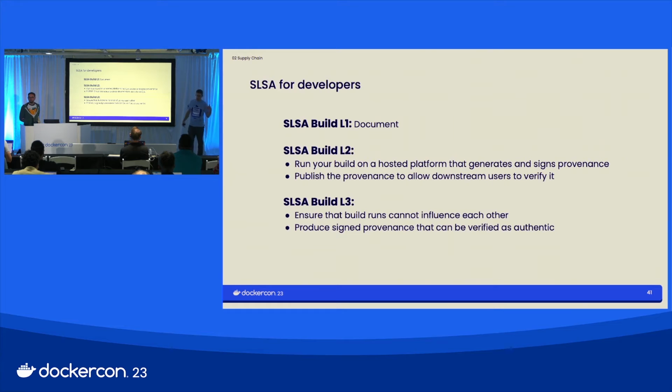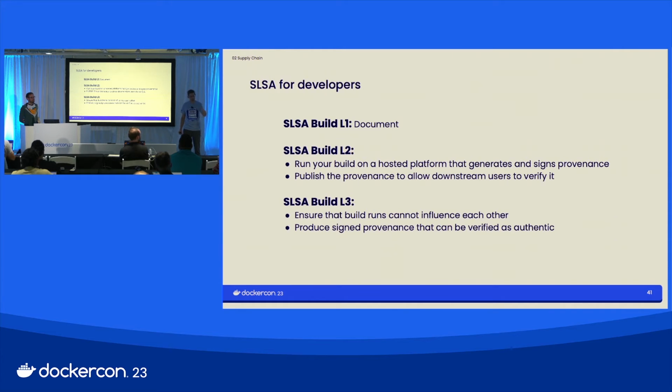Build level 3 builds on level 2, which builds on level 1, and then adds that element of the build system itself. You have to ensure that the build runs cannot influence each other. What does this mean? This means your builds are going to be slower because you cannot cache between builds.